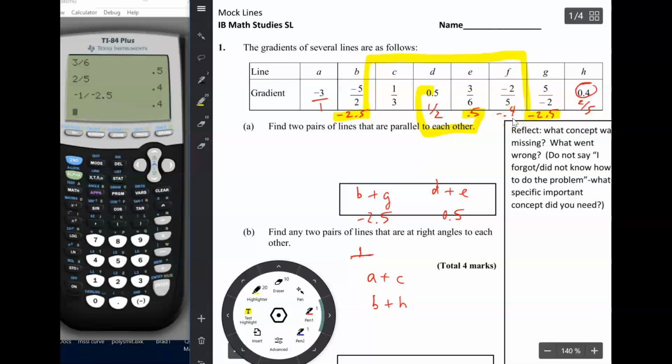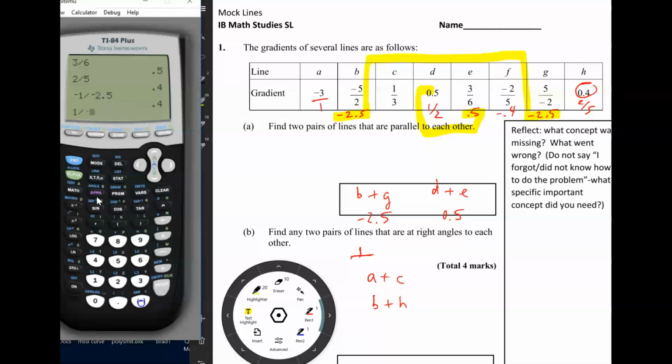The negative reciprocal of negative 0.4 would be negative 1 divided by negative 0.4, which is equal to positive 2.5. There is no positive 2.5, so this doesn't have any negative reciprocal pair. Negative 2.5 is the same as B, so G would also be a negative reciprocal pair of H. So G and H.